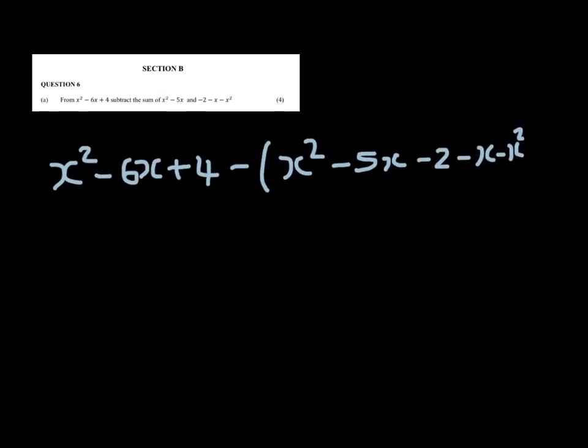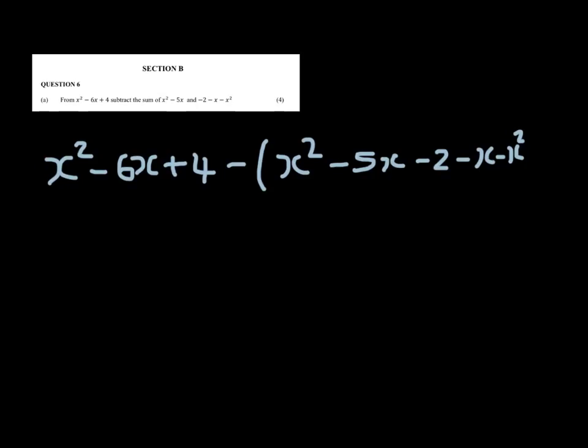Now, the reason I've included brackets on this part is because this entire sum needs to be subtracted. If you omit these brackets, then only the x squared will be subtracted. So remember that. When doing the subtraction, remember to add brackets.